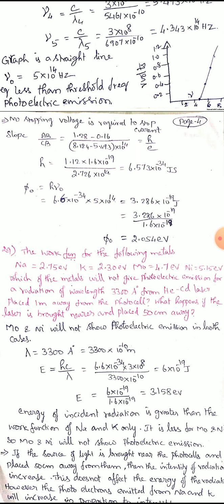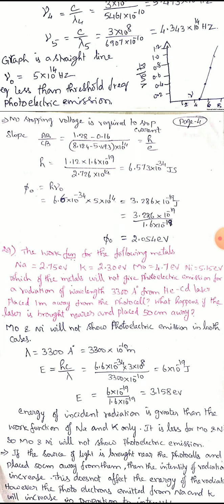Lambda is equal to 3300 Angstrom units converted into meters, and then the energy formula E is equal to hc divided by lambda. Substitute the values, we will get the answer as 6 × 10^-19 joules. Convert this into electron volts. So the energy of incident radiation is greater than the work function of sodium and potassium only.